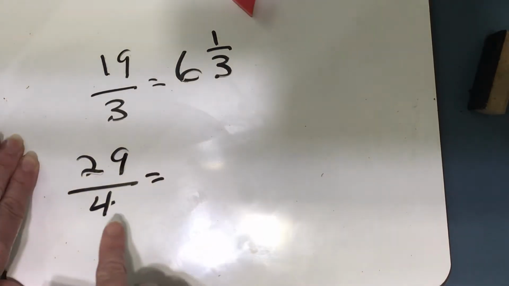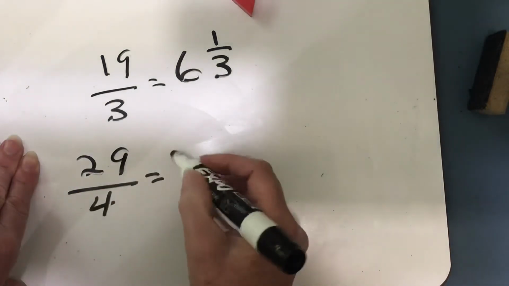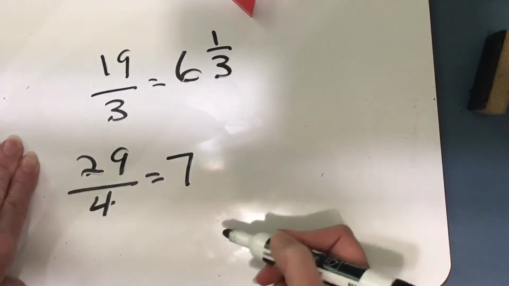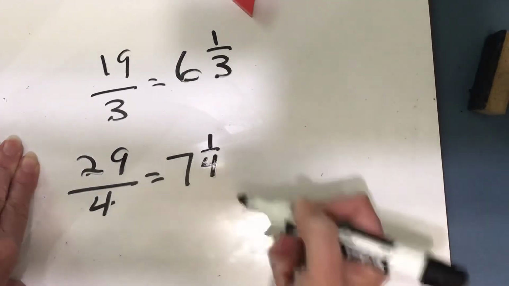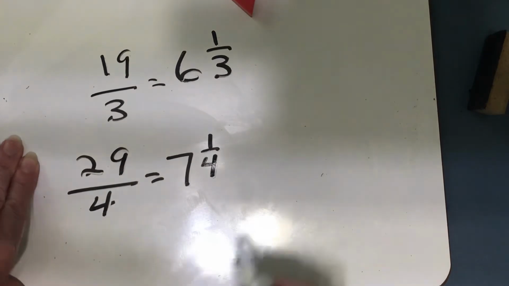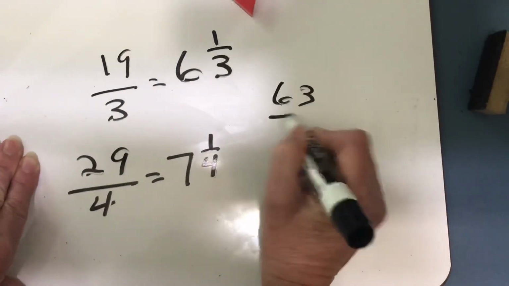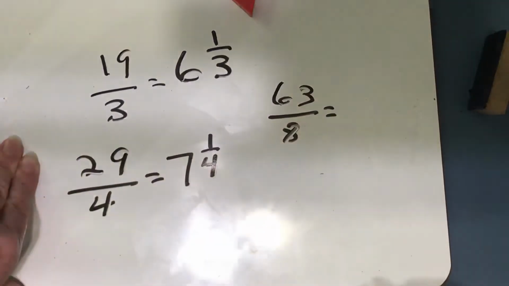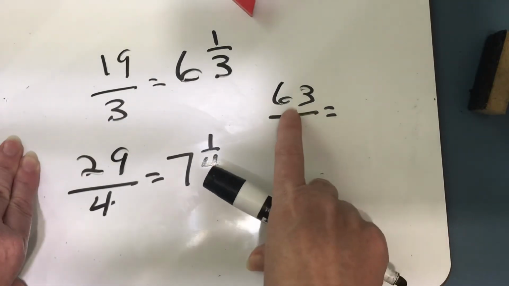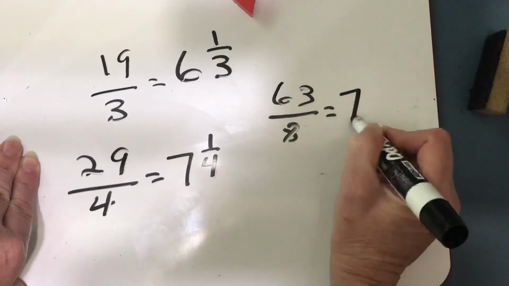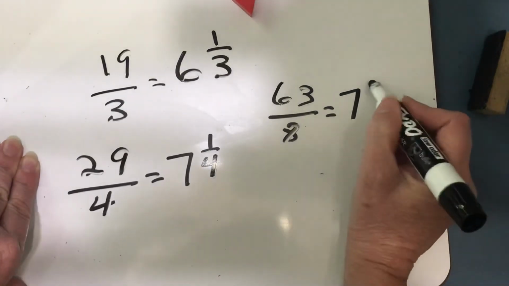Okay, I know that 4 will go into 29 7 times because 7 times 4 is 28. So there's 1 left over, 7 1/4. All right, what about 63 eighths? Well, 8 times 8 is 64, so it won't go in 8 times, almost. It'll go in 7 times with 7 left over.